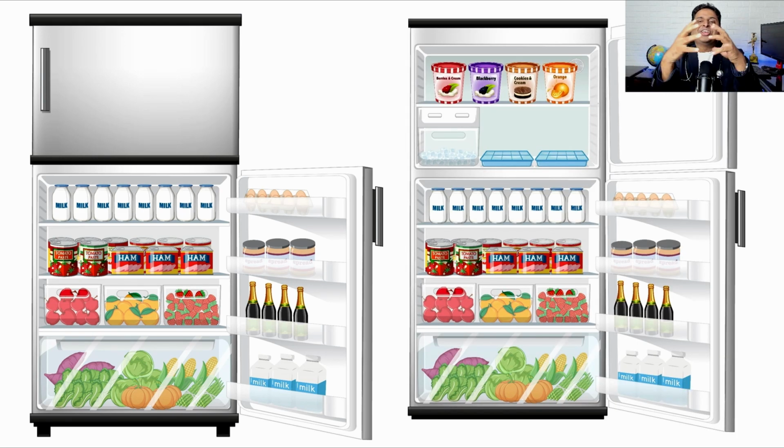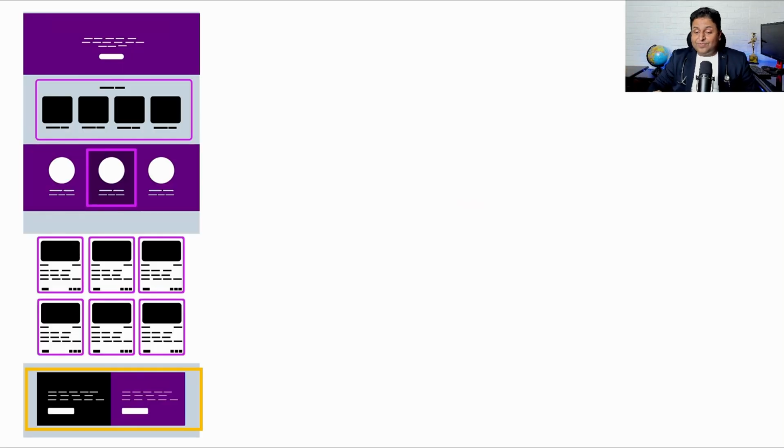Now you have the entire structure in place, so you can fill content in the containers, in the compartments, in the rows, in the containers and the objects, so that you have a structured way of maintaining your refrigerator placement. The same thing is happening when you're building a website.